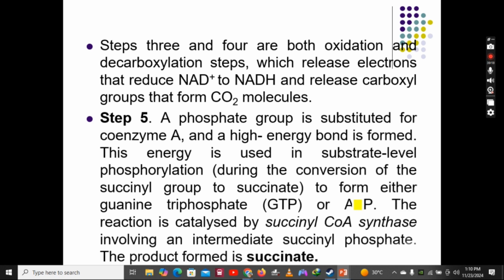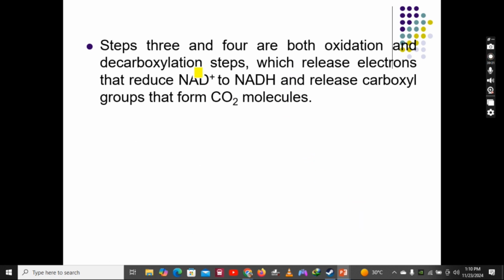So steps number 3 and number 4 are both oxidation and decarboxylation steps, which release electrons that reduce NAD to NADH, and the carboxyl group that is lost goes on and produces carbon dioxide. So it's an oxidation reaction and a decarboxylation reaction that takes place at stage number 3 and stage number 4.